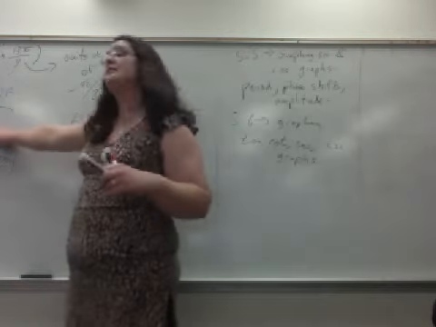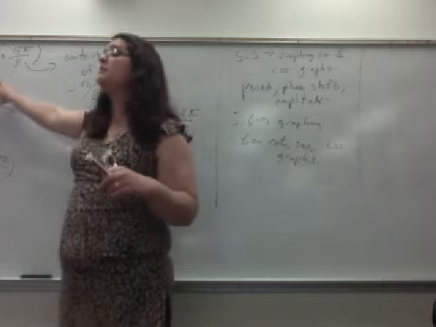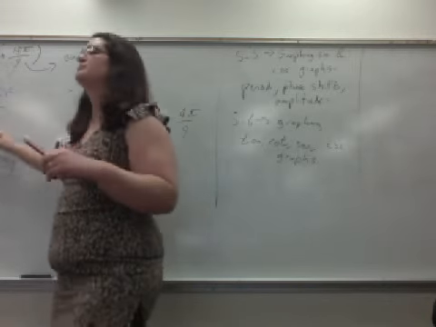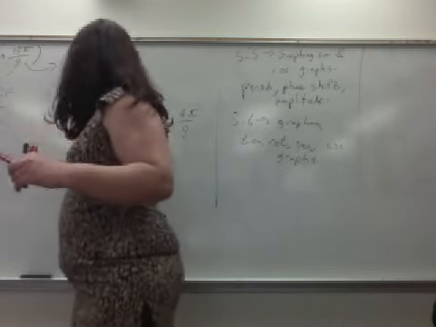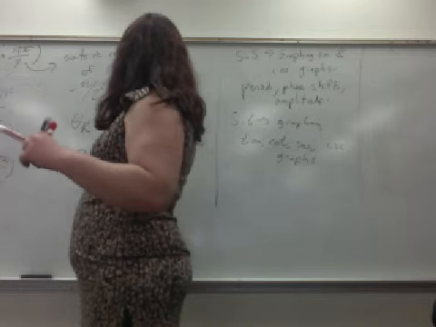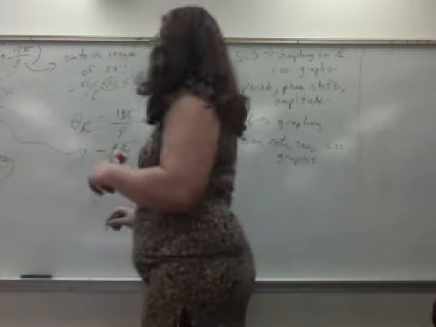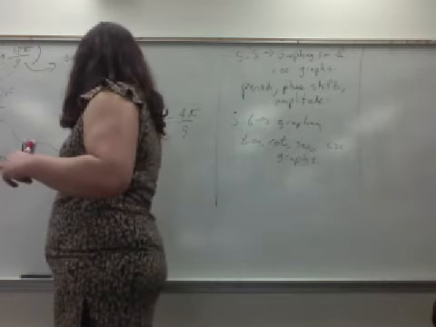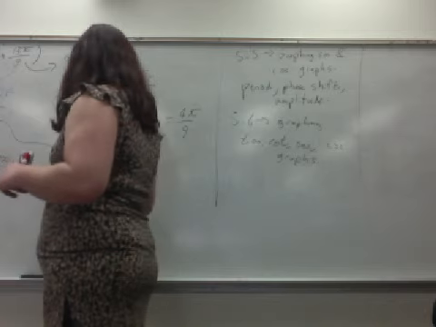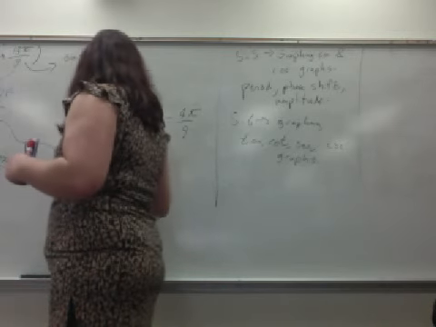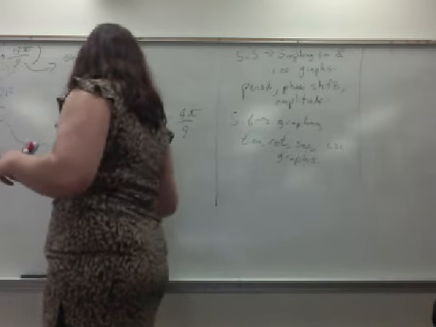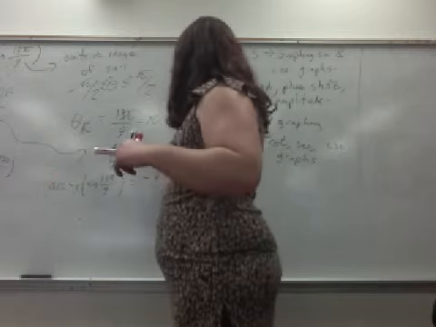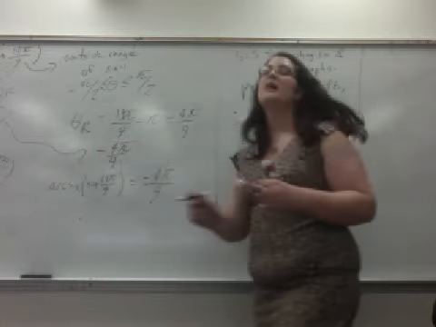And this blue angle down here is going to be the negative of the reference angle that goes up. So this blue angle is negative 4 pi over 9. So the arc sine of sine 13 pi over 9 is negative 4 pi over 9.